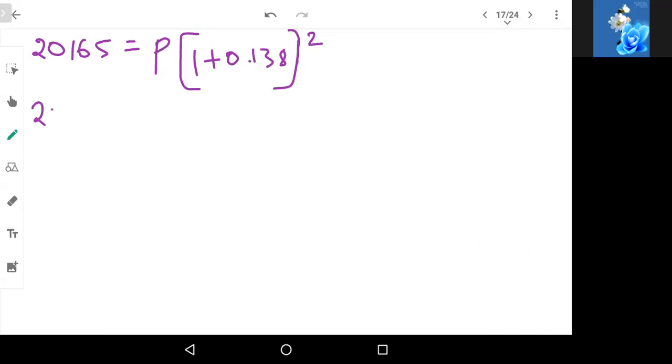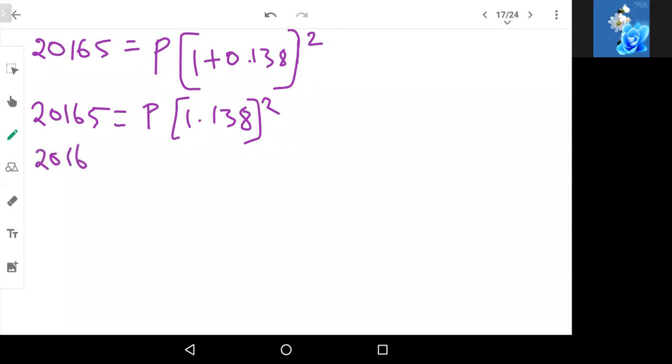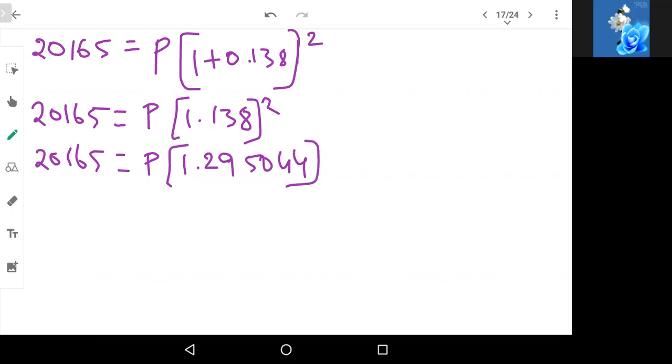So 20,165 is equal to P into 1.138 to the power 2. So 20,165 is equal to P into 1.295044. So 20,165 divided by 1.295044 is equal to P.